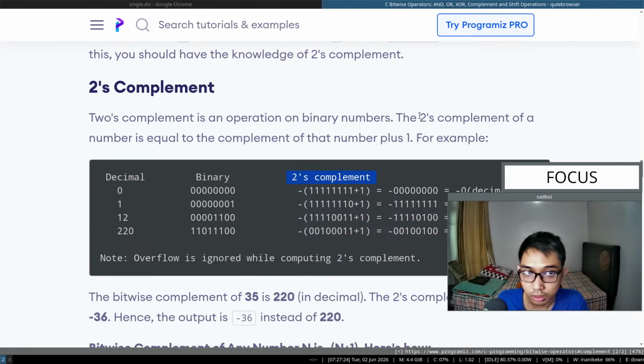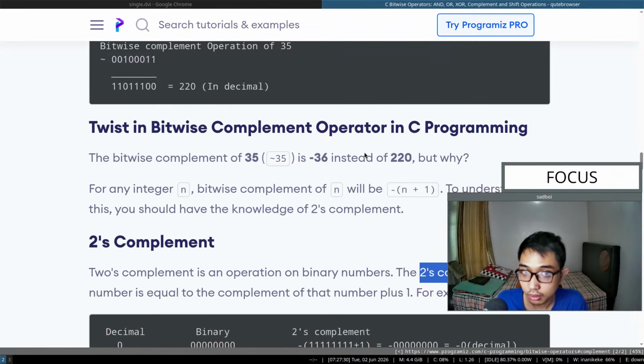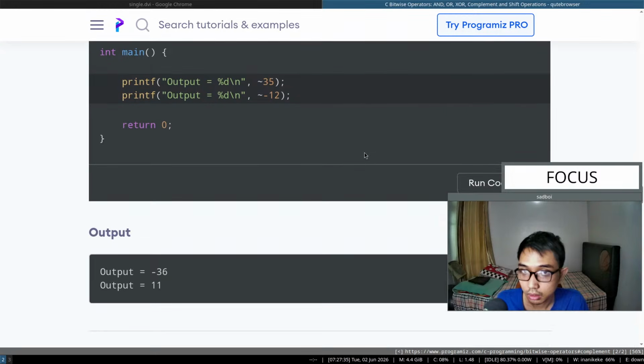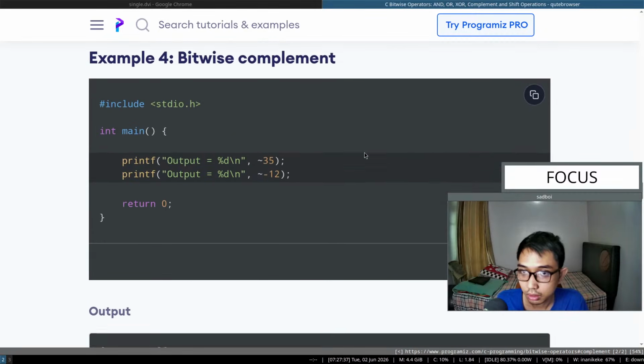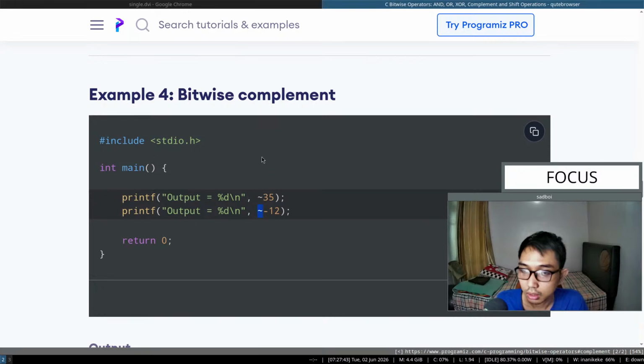One's complement and two's complement. We haven't gotten there yet. Okay. Oh, it also works in C. Okay, interesting.